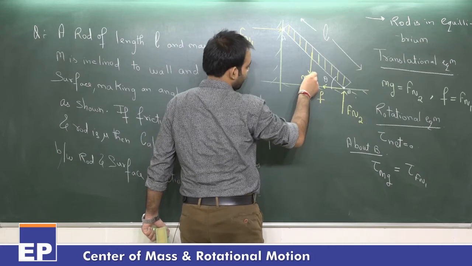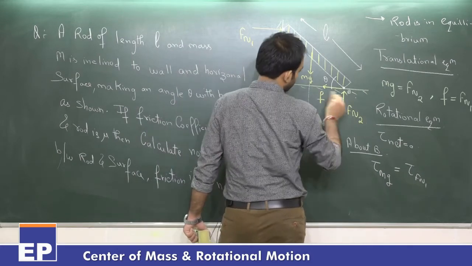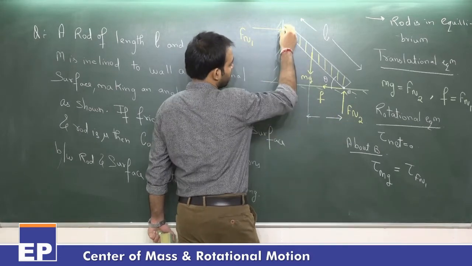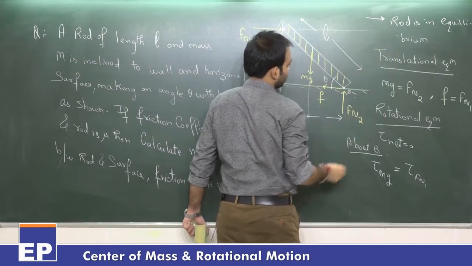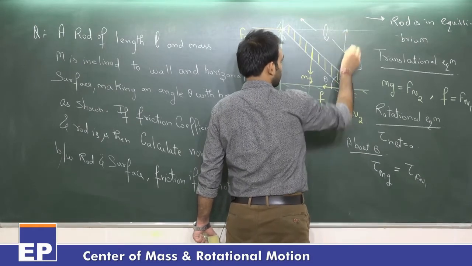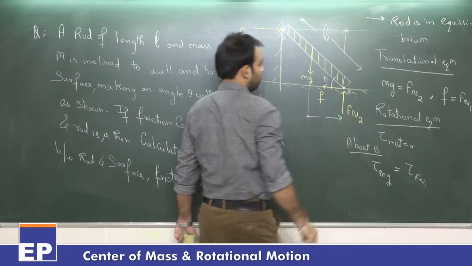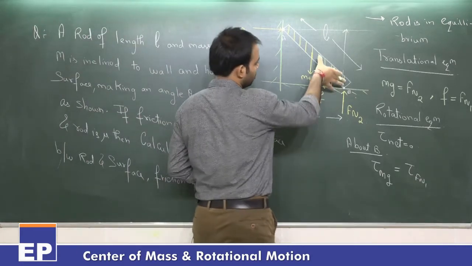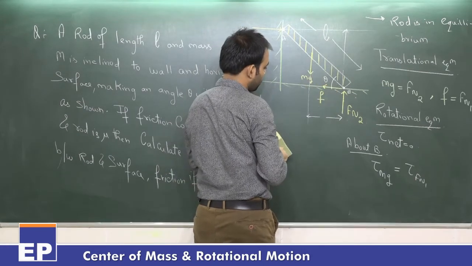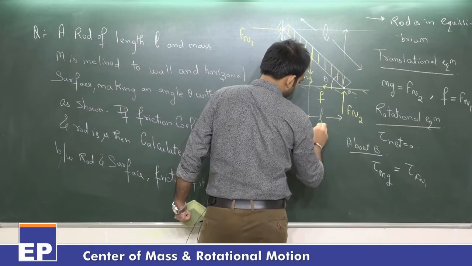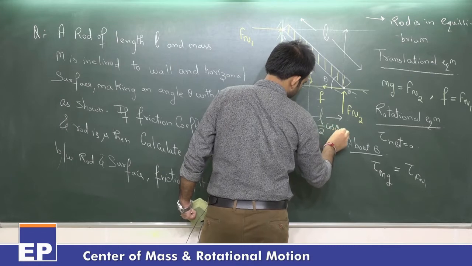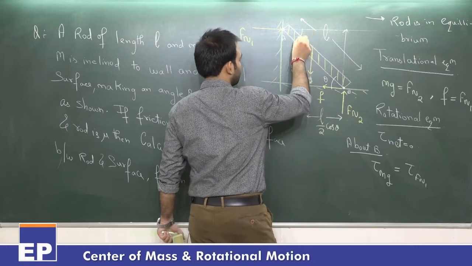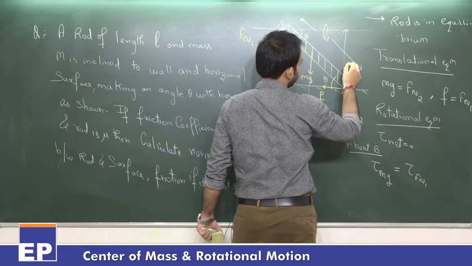Look, mg is acting in this direction, so this is the lever arm for mg, and Fn1 is acting in this direction, so this is the lever arm for this. So this is L by 2, and this is L by 2 cos theta. Similarly, this is L, this is theta, this is also theta. If this is L, so this is L sin theta.